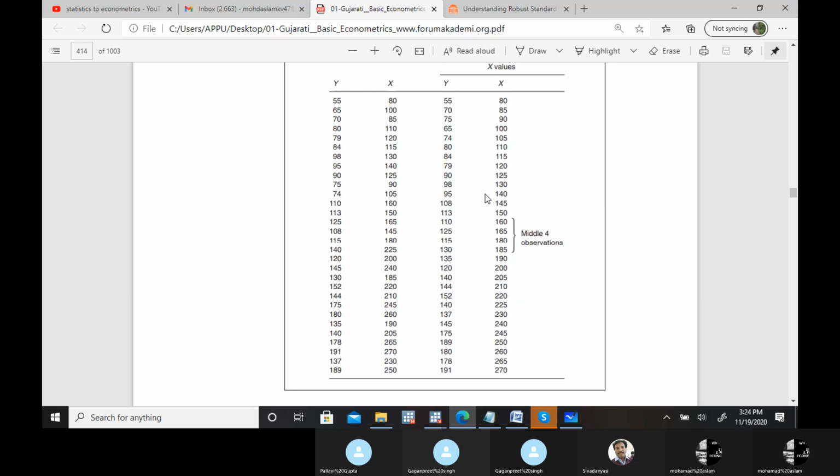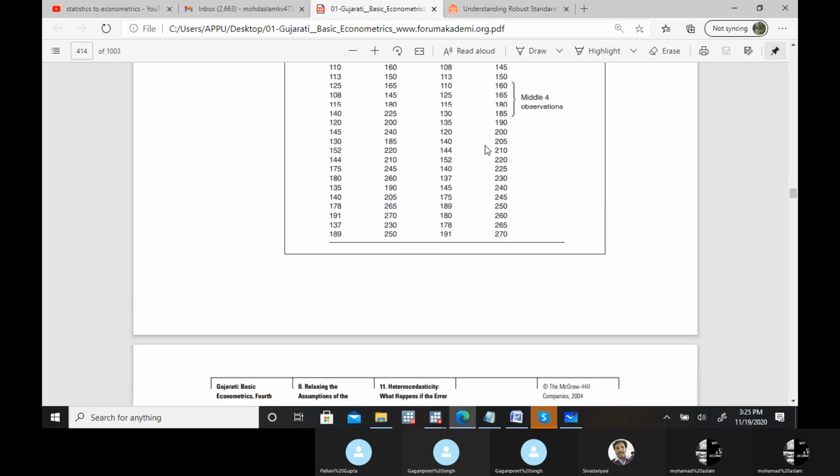Is it x1, x2, or x3? So these are the limitations of this method. This is among the earlier methods, in the starting phase of developing methods for heteroscedasticity, and later methods try to overcome these limitations. But I am telling you this so that you can understand this method.